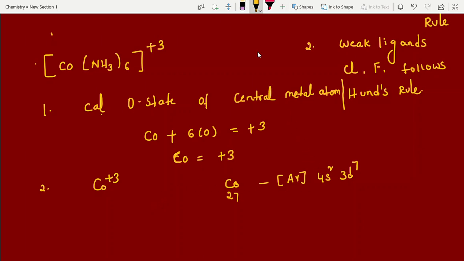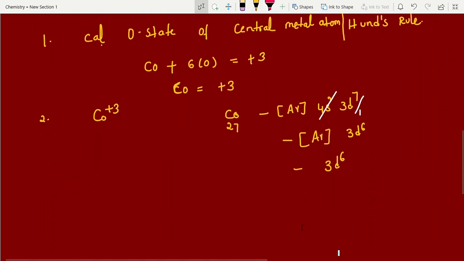Where did it lose 3 electrons? Definitely from the outermost shell, which is the highest principal quantum number. Here 2 electrons, and here 1 electron going. So the rest is 3d: argon 3d6. Argon is a completely filled configuration, so you need not take it. Finally, we see the 3d6 electronic configuration.